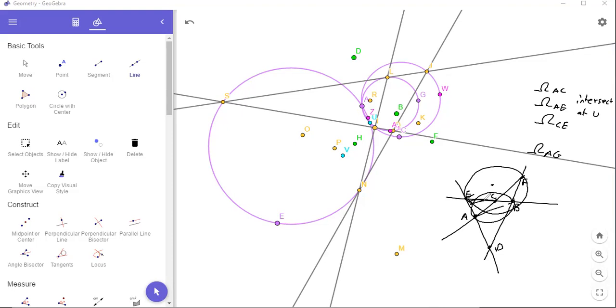It turns out that all three circles will pass through two common points.